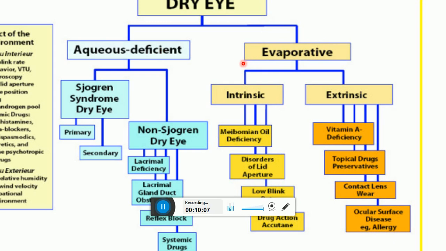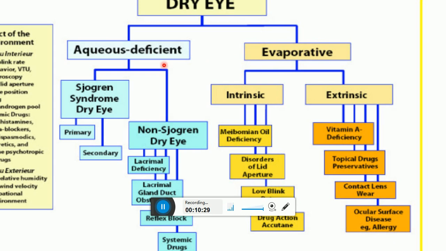Most individuals have considerable overlap between mechanisms. So both aqueous deficiency and evaporation overlap in most individuals. It is important to be aware during patient assessment of the likely presence of multiple contributory factors.